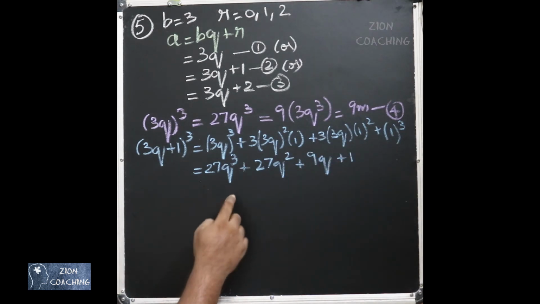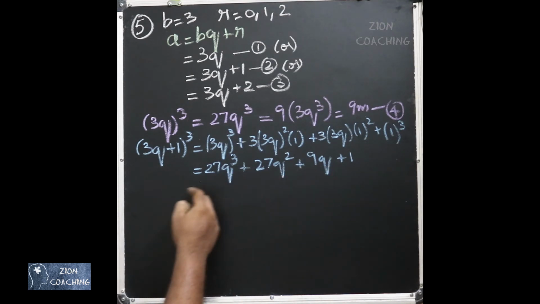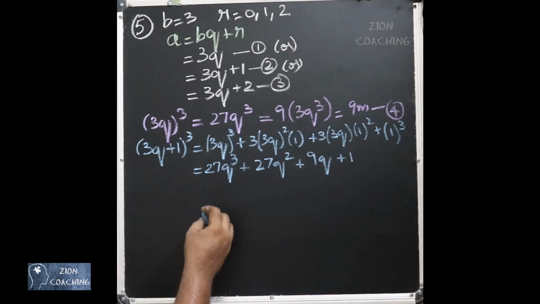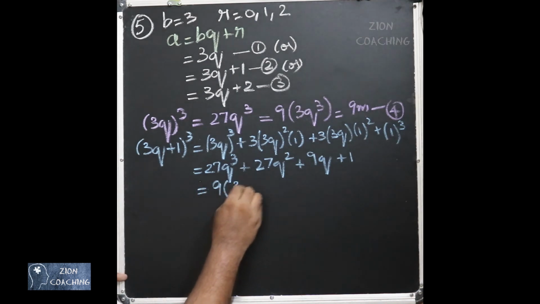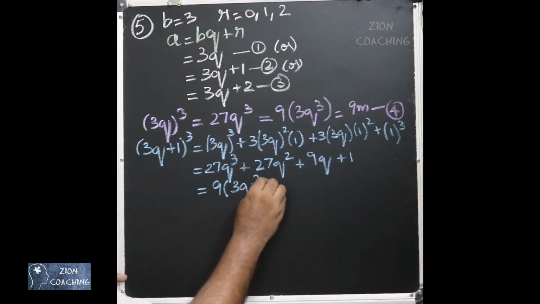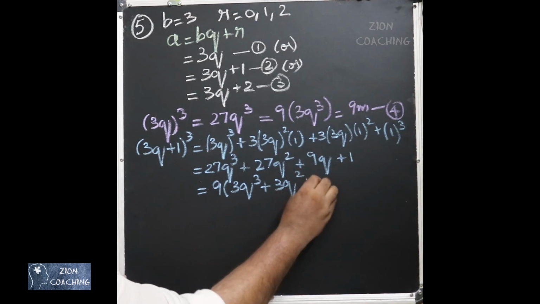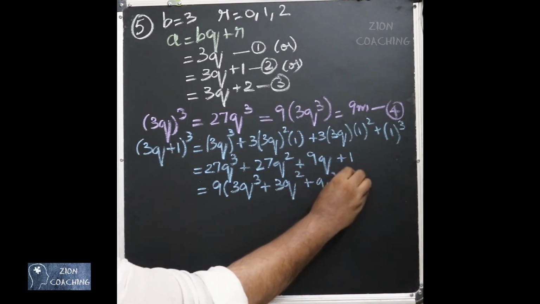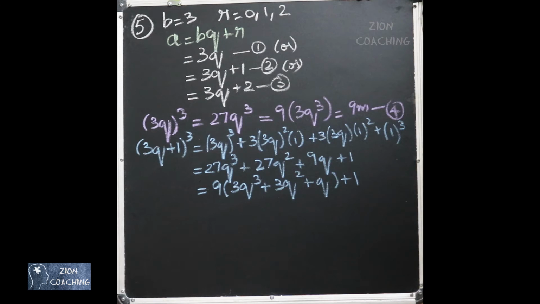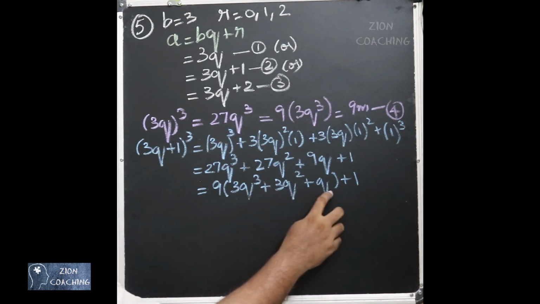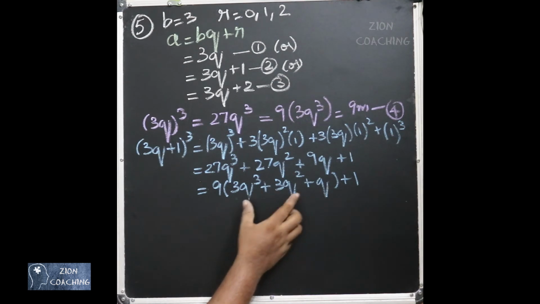Now you can see that 9 is a common multiple of the first 3 terms. I am going to pull out that 9. Then we are going to have 9 into 3q cube plus 3q squared plus q, plus 1. Now when you give some value for q here, you will finally get an integer as the answer.